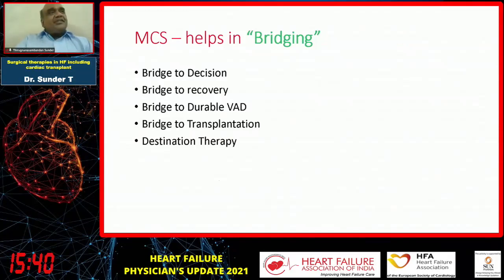We get the circulation and cardiac function back, but we don't know if this patient has significant neurological injury. So we wait for 24 hours, keep them on support, switch off the sedation, and see if there is neurological recovery. If there is no neurological recovery, you make a decision of stopping the treatment or continuing further.